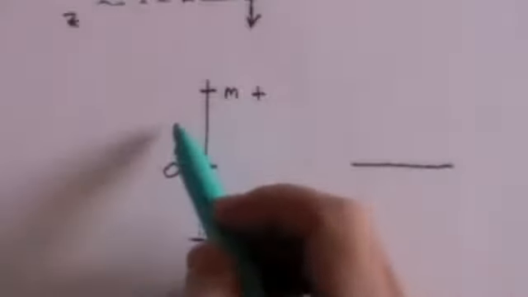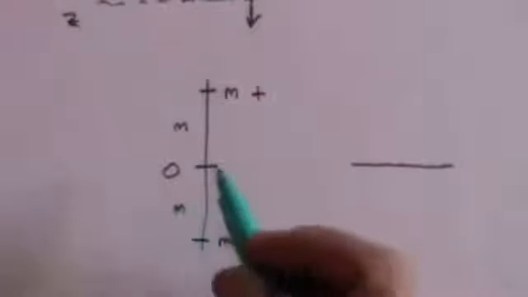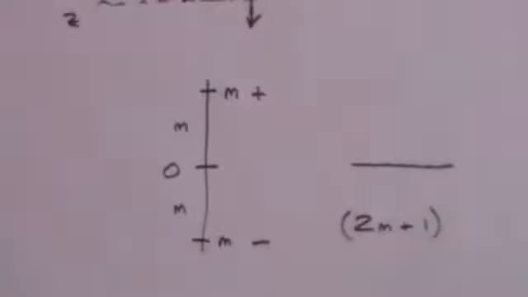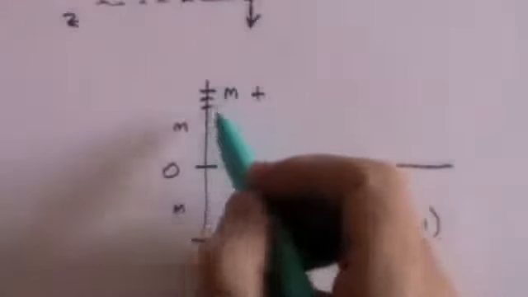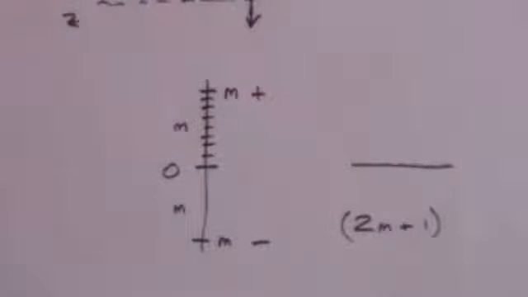And so there are M values in here and there are M values here plus the 0. That means that there are a total of 2M plus 1 possible states of angular momentum, and they are each quantized because the states come in units of h bar.